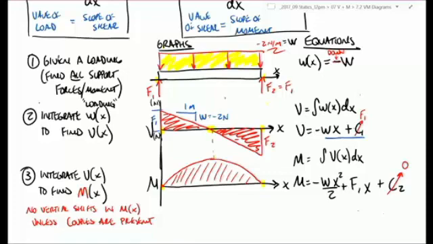The other thing that we know about this is that if we said that the integral under our shear is the change in our moment, so if I call this here the integral of v, and it's over just that one section right there, didn't we say that the integral of v is equal to delta m? Right? So if I look down here, this change in my moment from bottom to top there is simply equal to this integral of v, or my delta m.